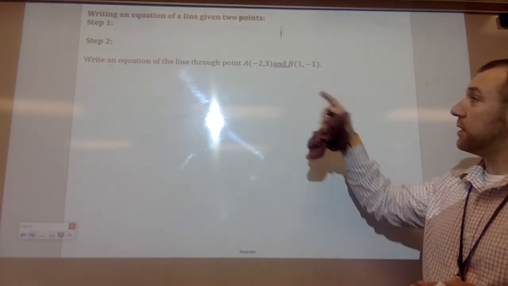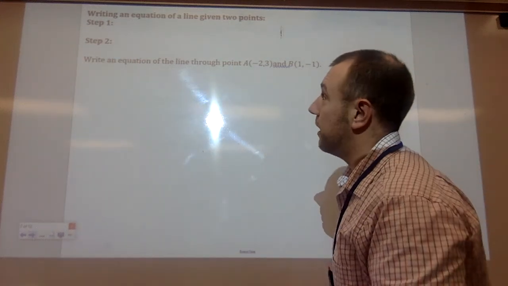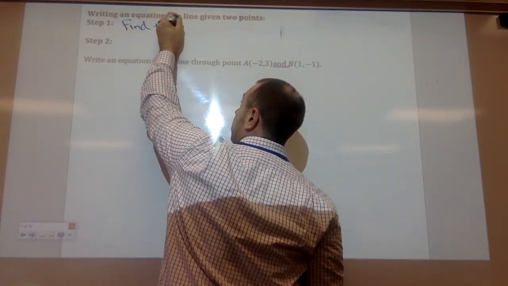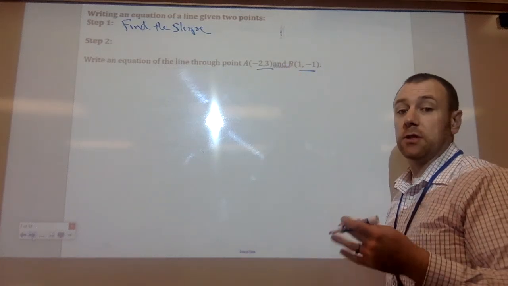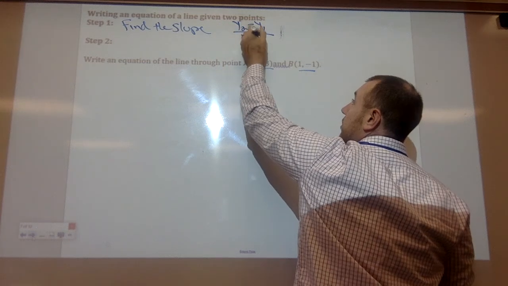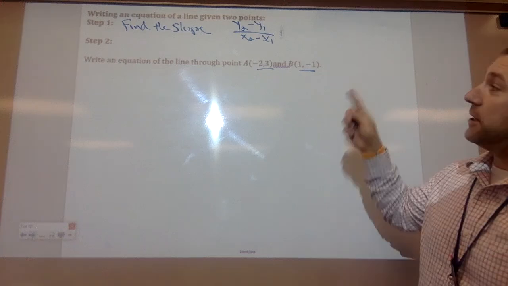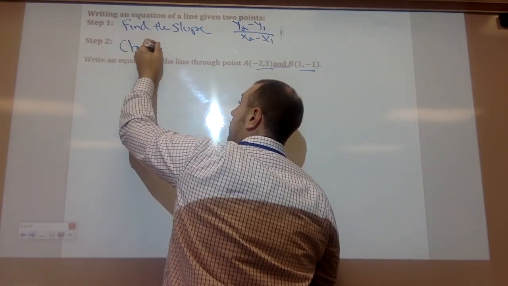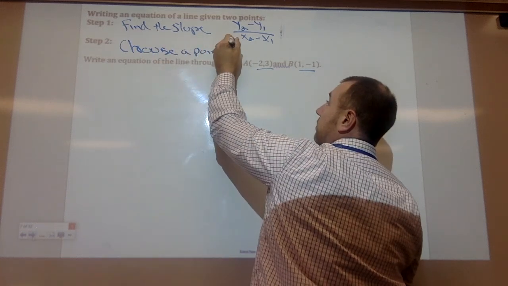But the second step is what we just covered. The first step is to find the slope. In this case, if I have 2 points, I'm going to use the slope formula: y2 minus y1 over x2 minus x1. Once I have my slope, then I choose a point and write the equation.